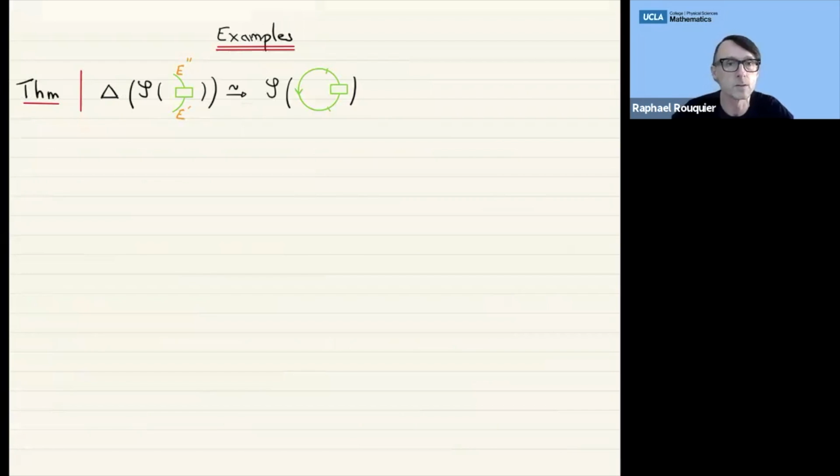Right. So now let me move to examples. If you start with a singular curve and you assume that it has two ends, somehow there are two intervals you can embed unoriented. So this could be disconnected.